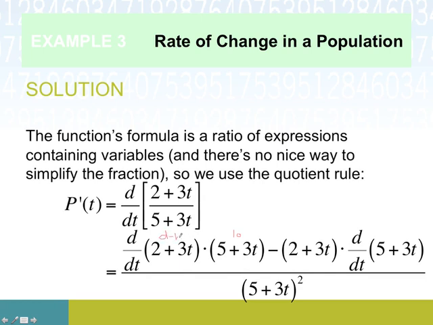But the mnemonic that goes along with this is low d high minus high d low. The low piece is remarking on the fact that this is the bottom piece of the fraction, 5 plus 3t. And then d high says the derivative of the top, that's the d piece, derivative of 2 plus 3t. So low d high minus high d low.